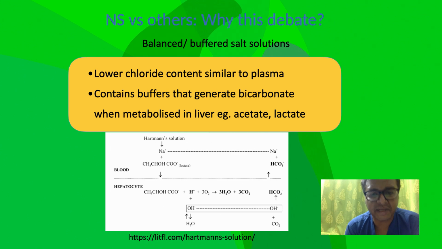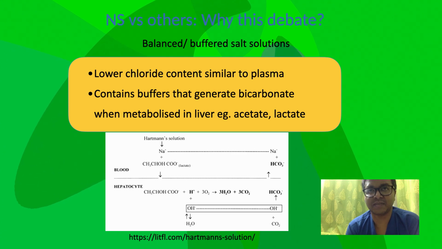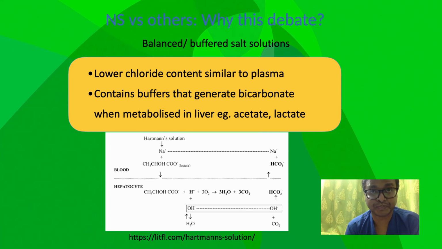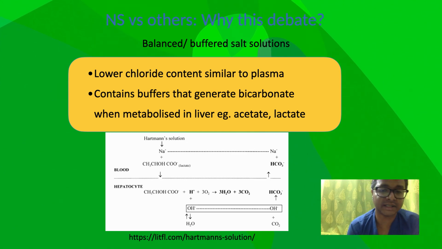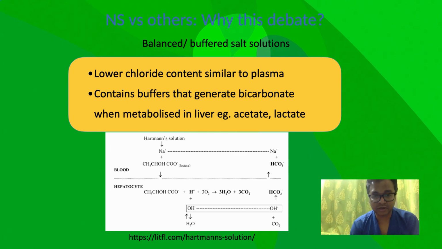So what are these buffers doing when we give this to our patients? Suppose we give Ringer lactate to our patient, the sodium lactate is taken up by the liver, and this lactate is oxidized to generate bicarbonate in a 1:1 ratio. So rather than causing lactic acidosis, the sodium lactate in Ringer lactate is actually a source of bicarbonate, which will buffer acidosis. I'm telling this because many people think that Ringer lactate will worsen acidosis, and they are afraid to give Ringer lactate in patients who have acidosis.